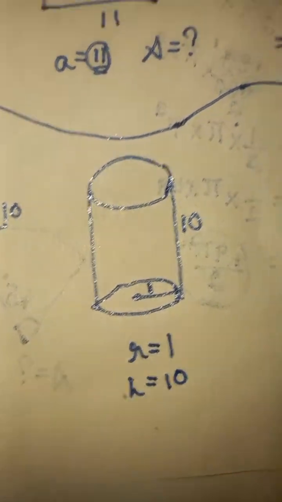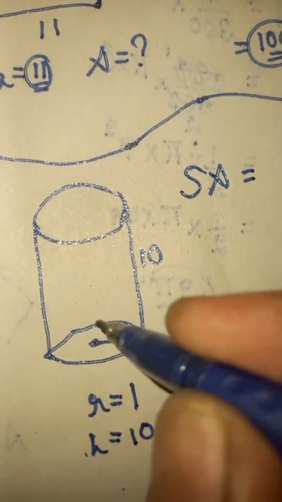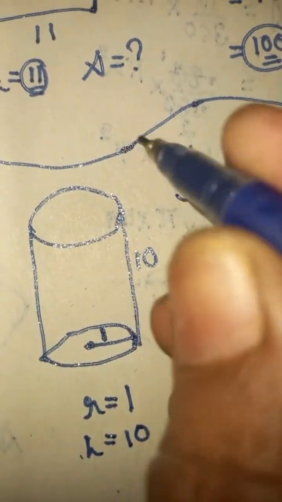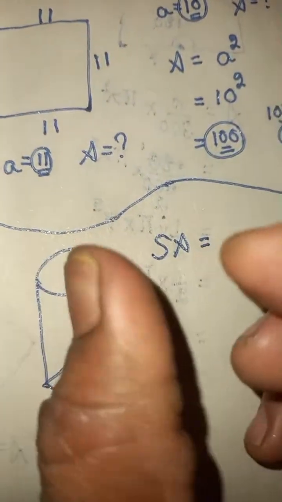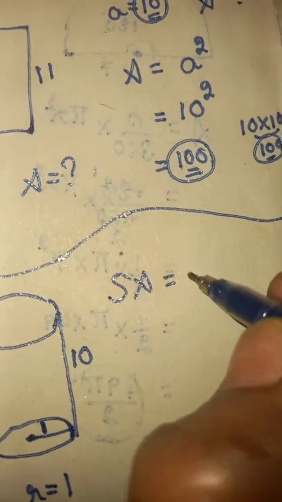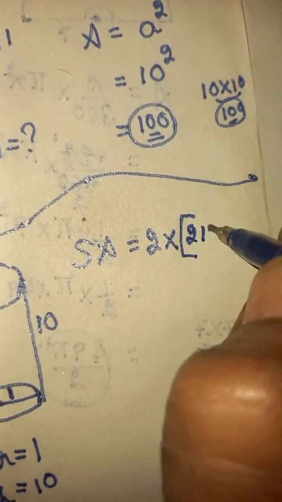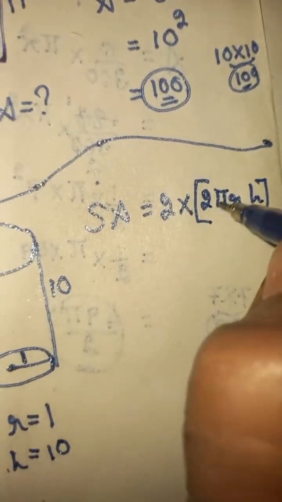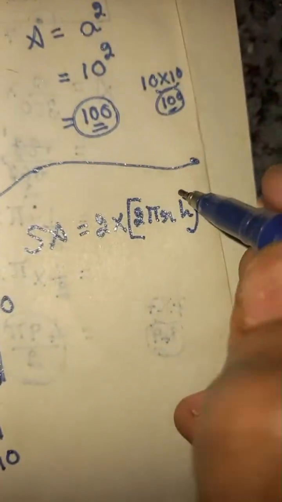The hollow cylinder has two surfaces. One is the inner surface, another is the outer surface. If you take a pipe, there is one surface inside and one more outside, so you're going to get 2 times 2 pi rh. 2 pi r is the circumference of the circle times the height, which makes one surface area.